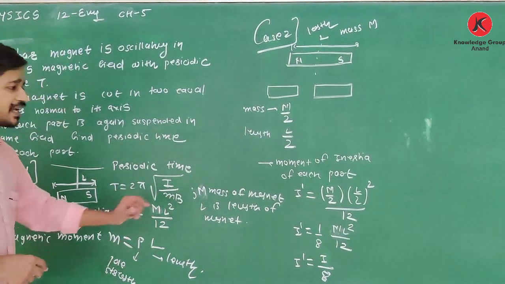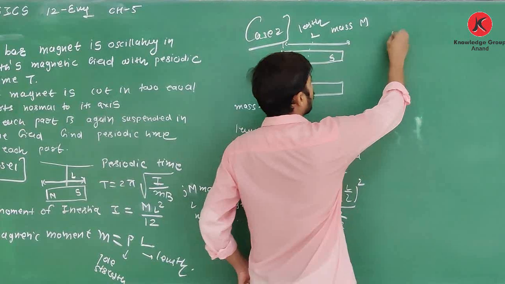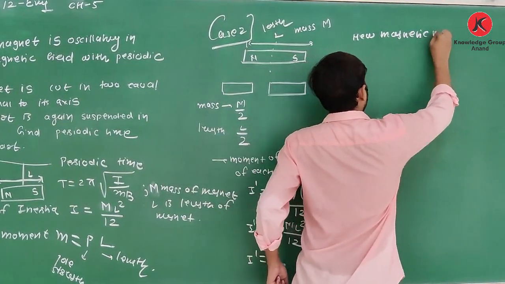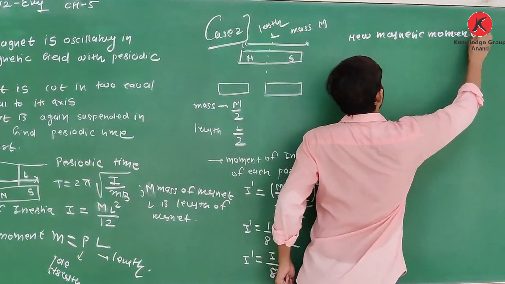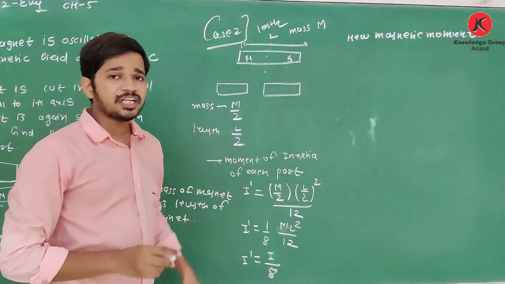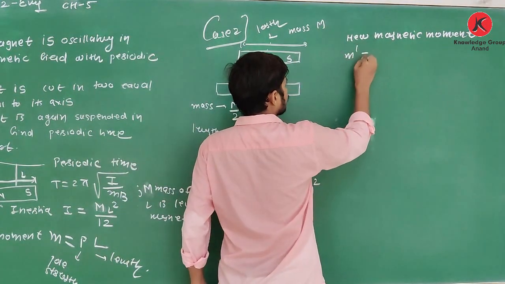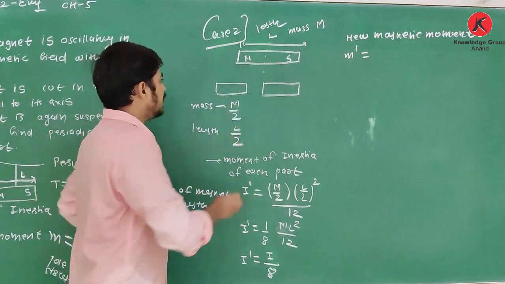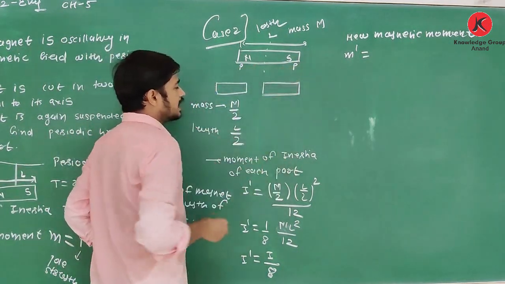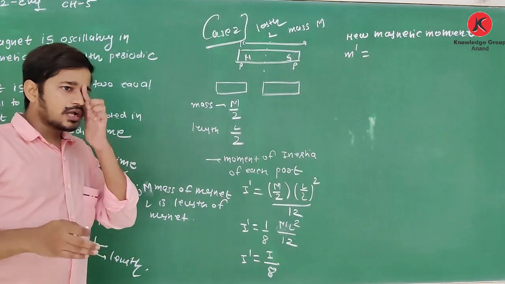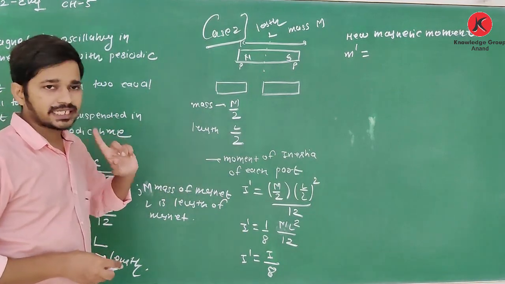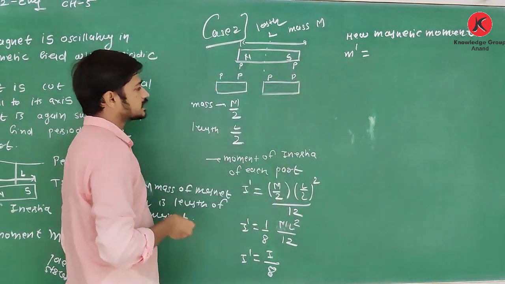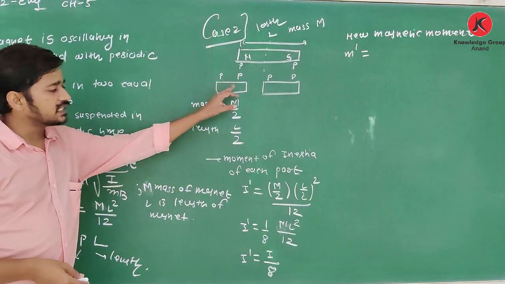Now we have to find the new magnetic moment. How to find this new magnetic moment? We know that when this magnet having pole strength P is divided along an axis normal to its axis, then the pole strength will remain the same, just its length is half.